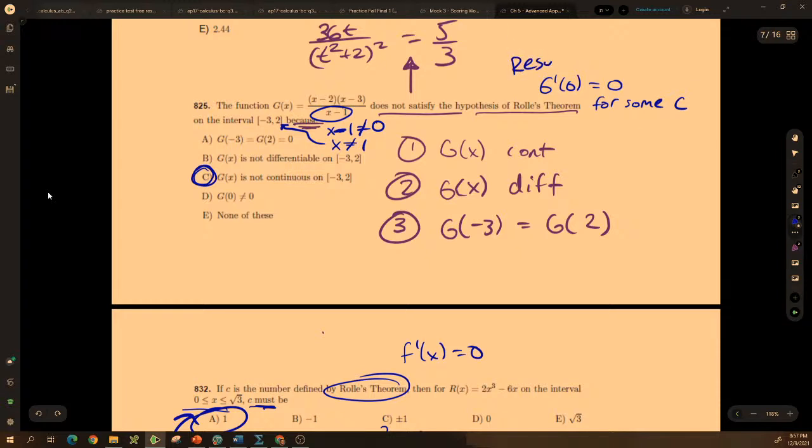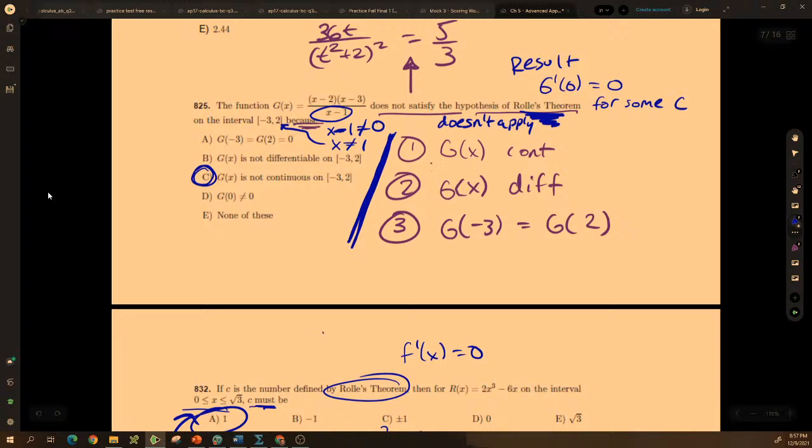If they're saying that Rolle's theorem does not apply, right? This function does not satisfy Rolle's theorem. That's basically saying that Rolle's doesn't apply. We can't apply it because one of these three conditions doesn't work. So you always kind of go in order, right?